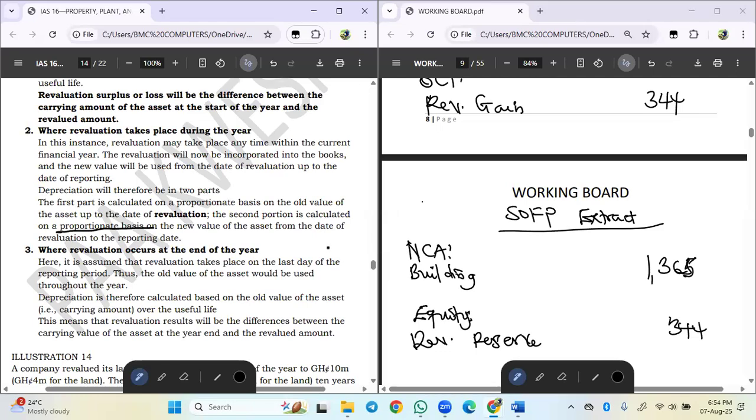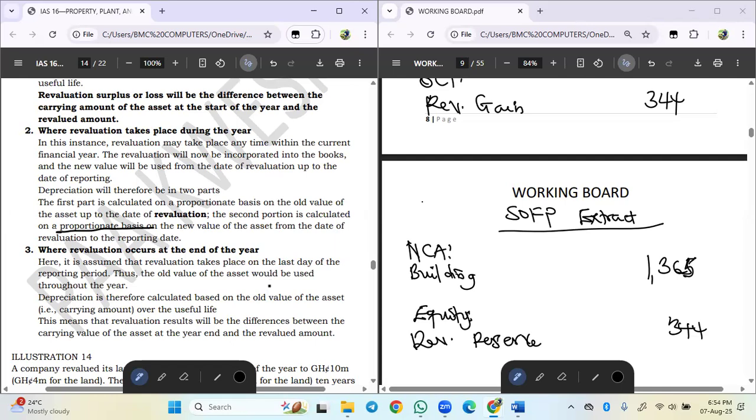That's the proportionate basis, because it's not for the whole year. And also the other part, from 1st July to 31st December of that year, will also be 6 months. So they will be calculated on a proportionate basis.